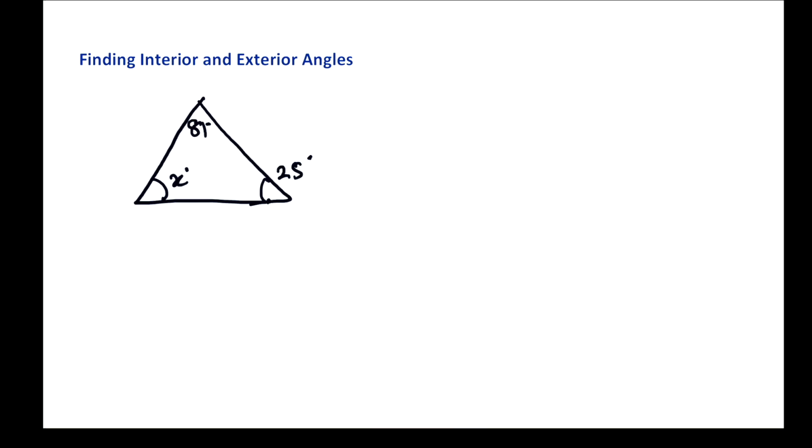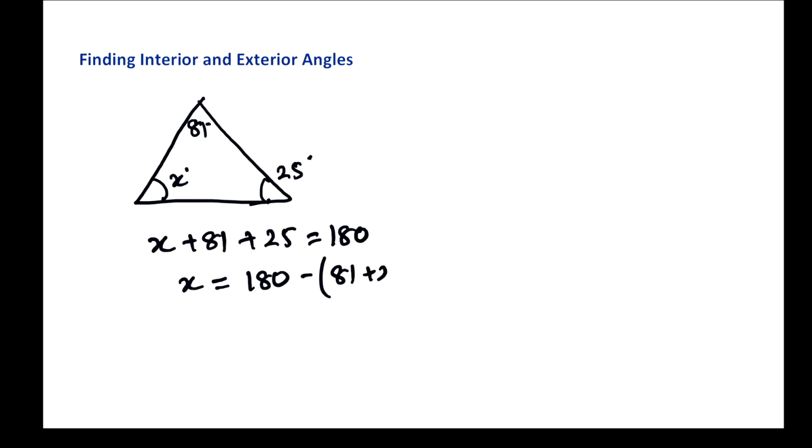According to the interior angle theorem, x plus 81 plus 25 is equal to 180. So x is equal to 180 minus (81 plus 25). 81 plus 25 is 106. 180 minus 106 is equal to 74.